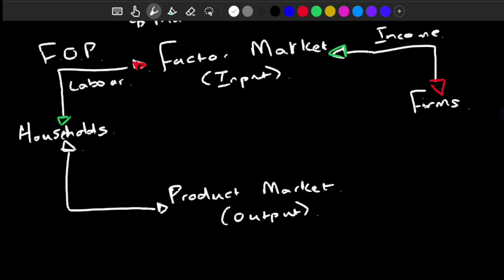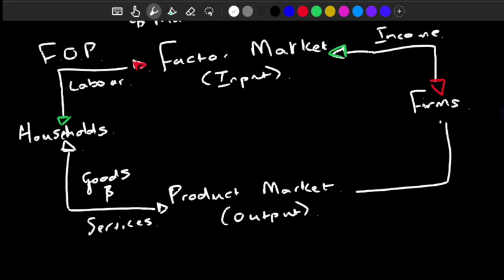Then in return, I will go to the product market and buy goods and services. Then firms will go to the product market to sell their goods and services. In return, what would they get? They would then get their income.